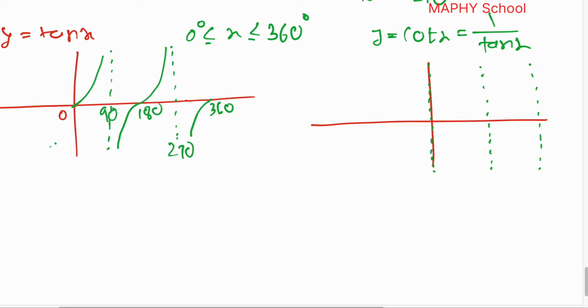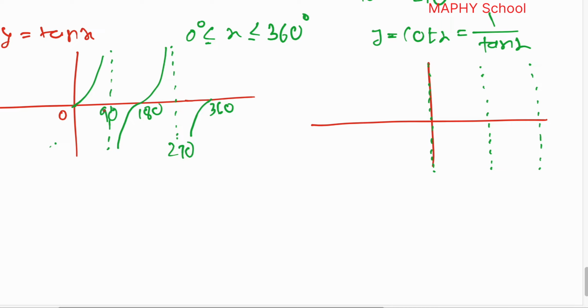Then the asymptotes now will be the cutting points. Just remember that the asymptotes will be the cutting points on the reciprocal curve, and the cutting points will be the asymptotes for the reciprocal curve.